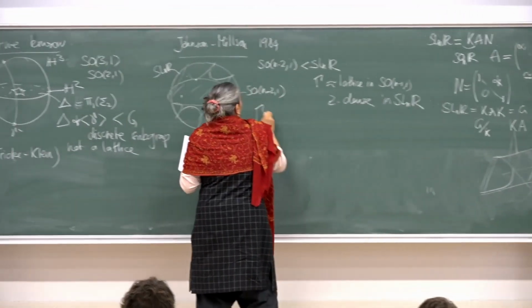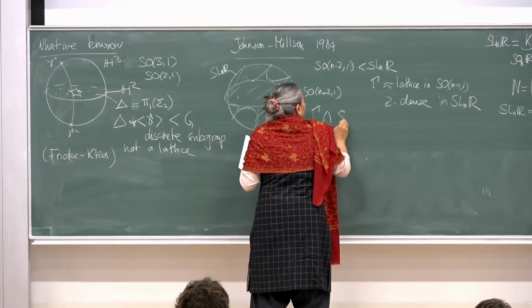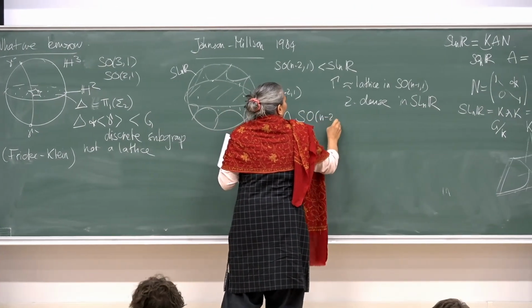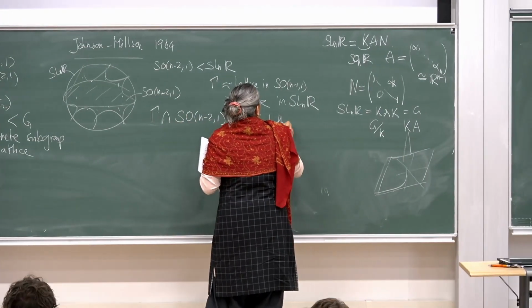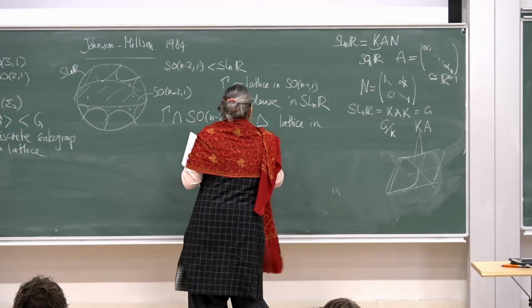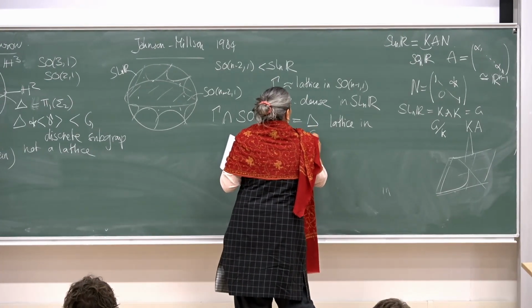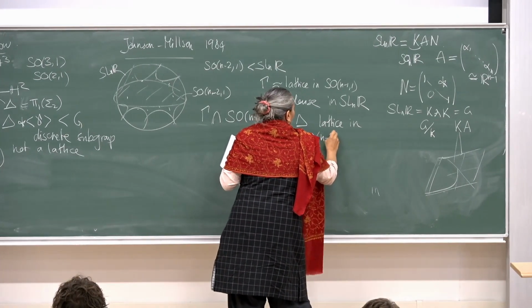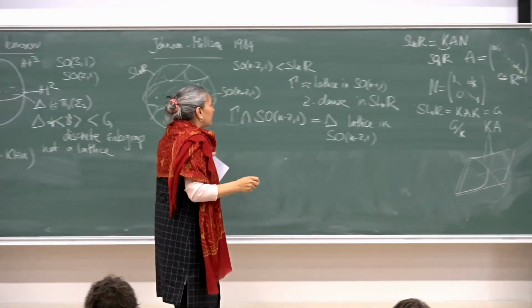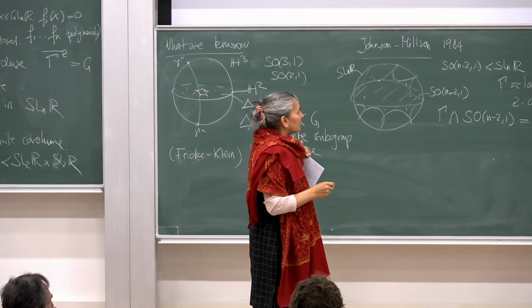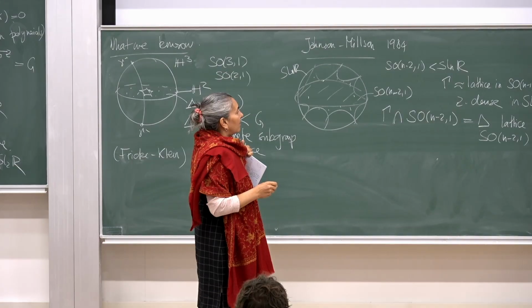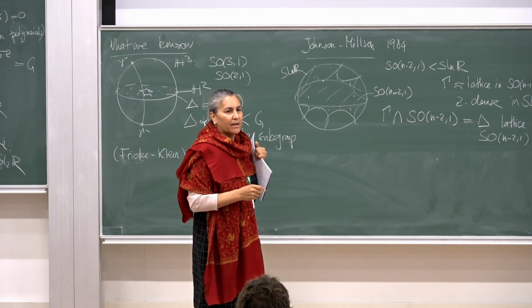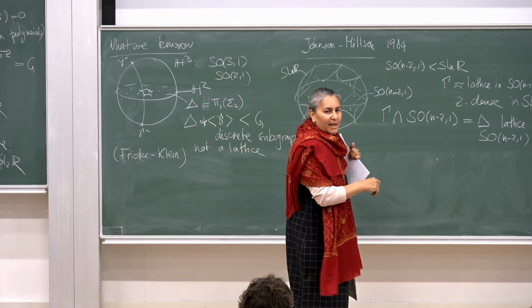And gamma intersect SO(n-2,1) is a lattice in the SO(n-2,1) block in SO(n-1,1), which is the standard representation in SL_n. I don't know. I'd imagine the standard representation. Let me just say that I don't know.